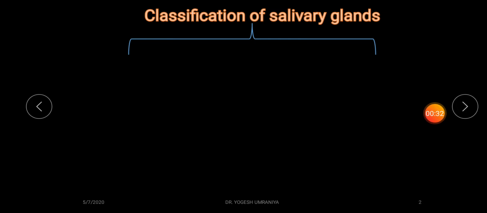So the classification has two criteria. One is the minor and another is the major category for the classification of the salivary glands. In the minor category you have four types. First one is the labial salivary gland, and that is situated in the oral lip area.